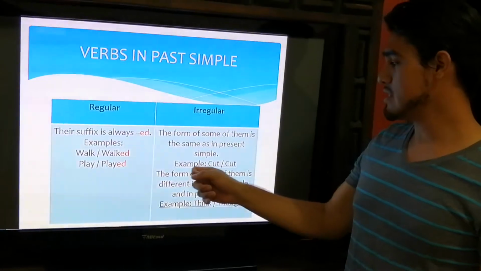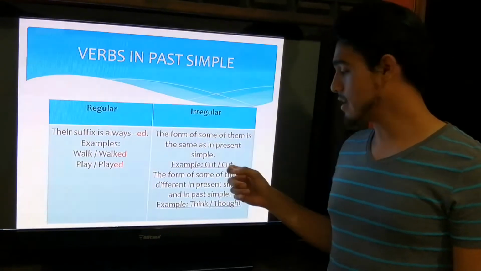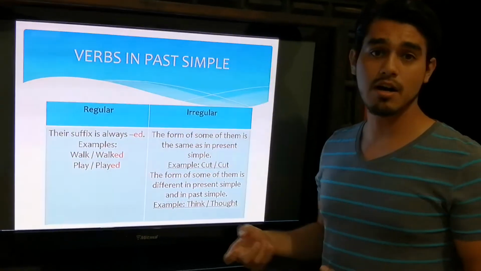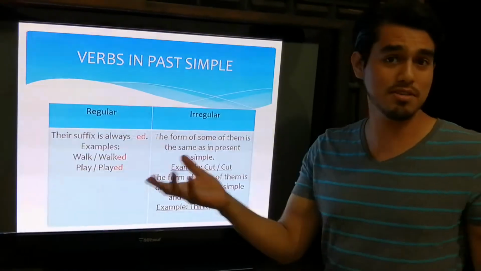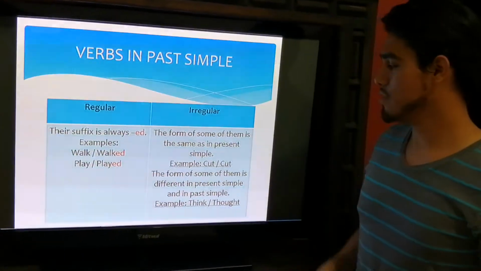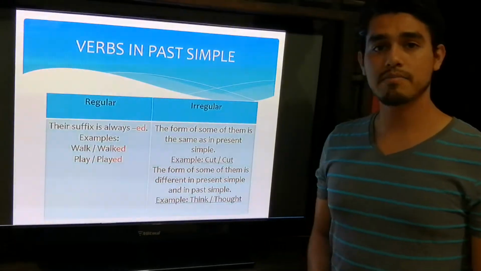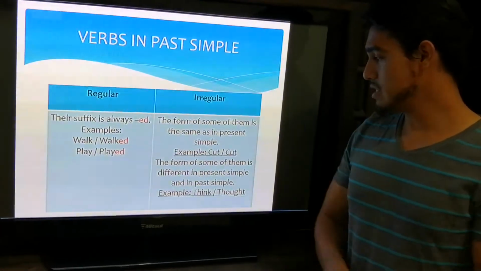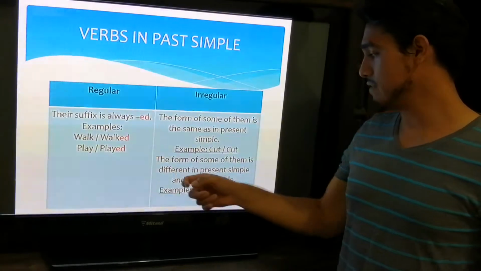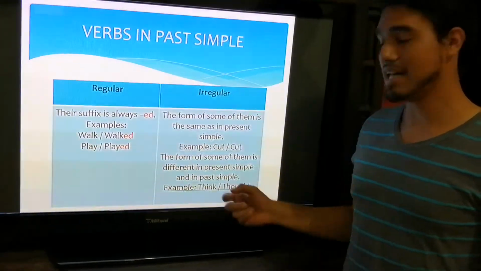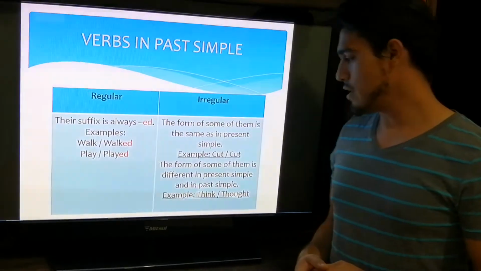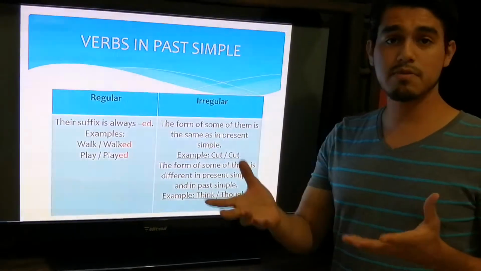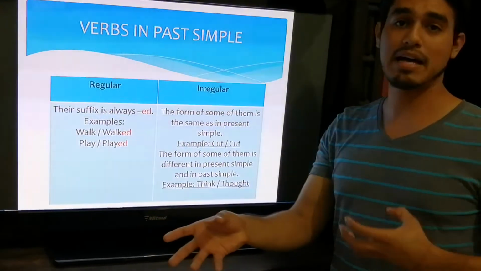The example is this: cut and cut. You can use cut in present and you can use cut in past simple. Easy, right? This is the easiest one. The other type of verb is that the form of some of them is different in present simple and in past simple.